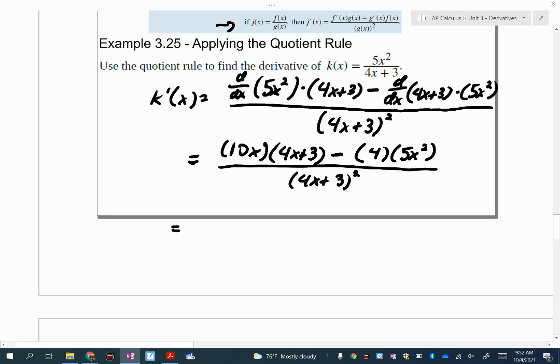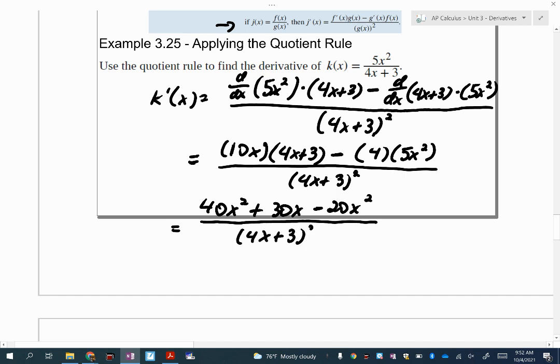Keep going. We're going to distribute here. 10x times 4x is 40x squared plus 30x minus 20x squared, all over 4x plus 3 squared.